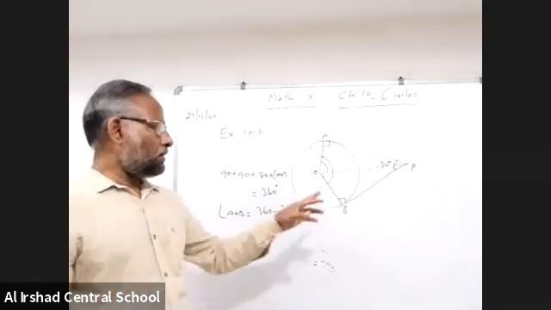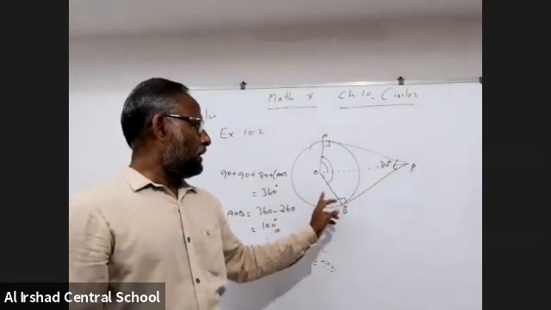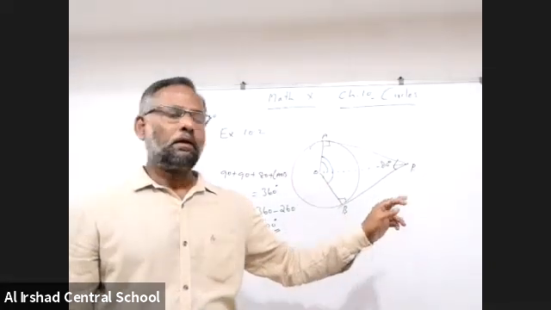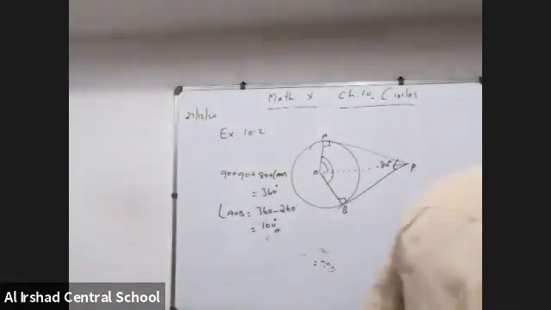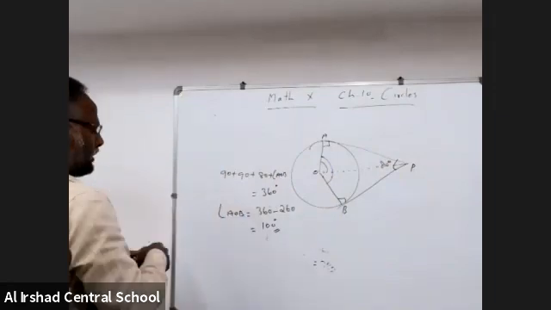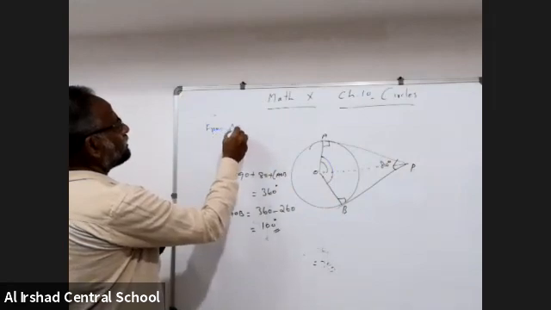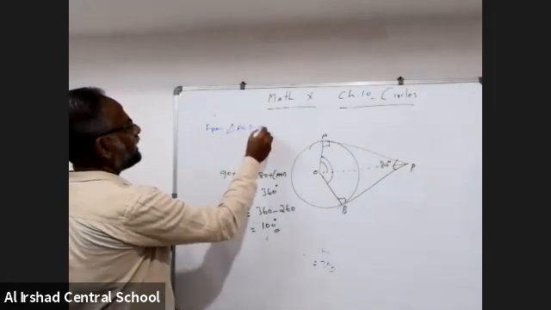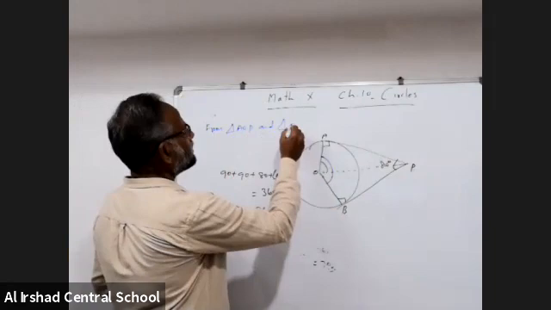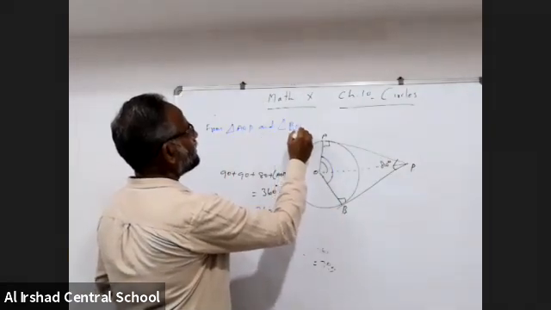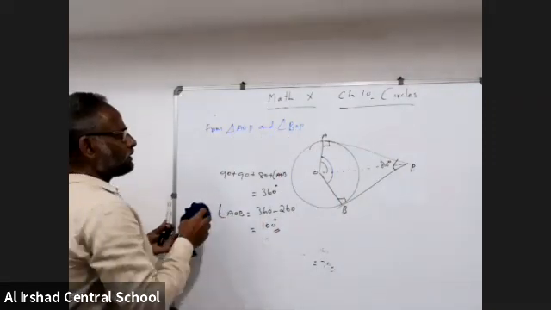For this, you have to take two triangles, AOP and BOP. Okay, write that. From triangle AOP and triangle BOP, two triangles are there.